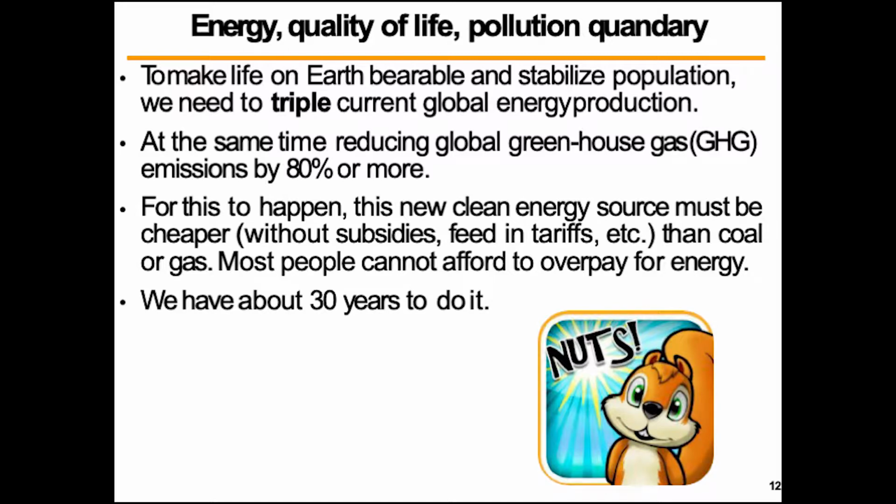So we need to come up with a clean energy source that is fundamentally cheaper than fossil fuels, because the developed world cannot afford to overpay for their fundamental energy. And if you believe the climate models, we have about 30 years to do it. To basically reduce the energy consumption of fossil fuels by 80% while increasing the total energy consumption. So that seems to be quite a challenge.